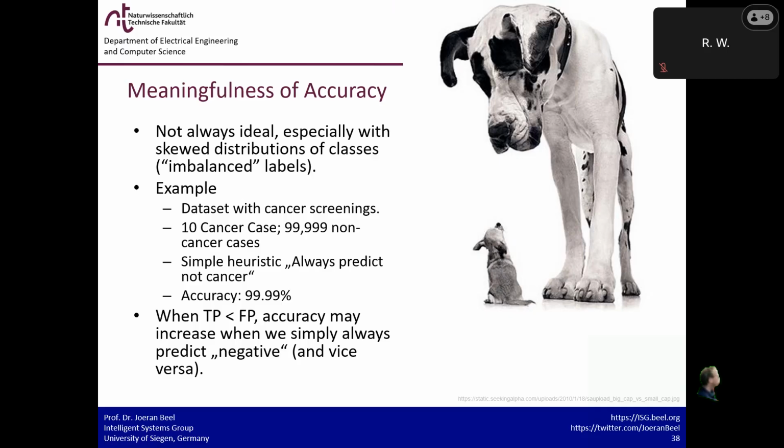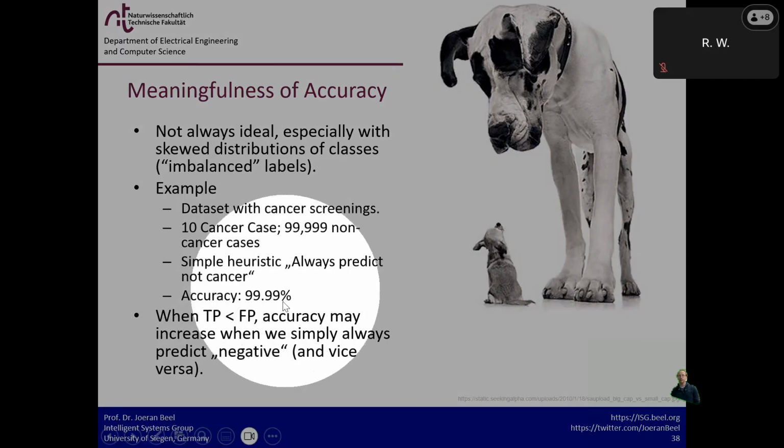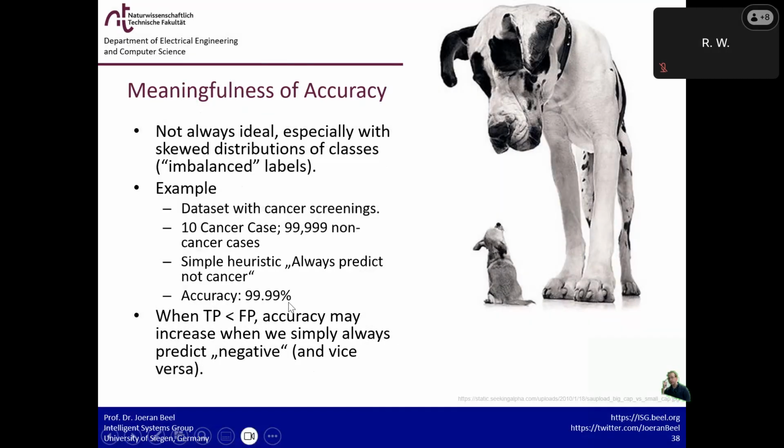It means you predict all the cases that don't have cancer correctly, and you incorrectly predict all the cases that have cancer, but it's just 1%. You have an accuracy of 99%, or in this example, 99.99%. So accuracy is most meaningful in a binary classification data set if both classes are roughly represented by around 50%.